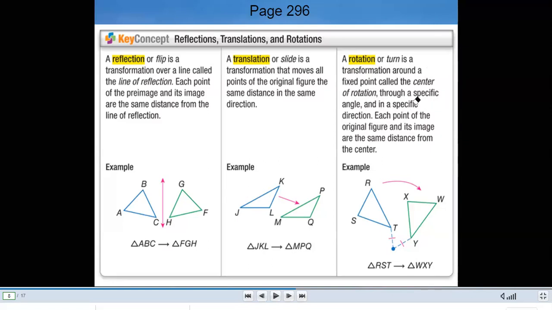A specific angle like the angles we studied before: 90 degrees, 180, 270, negative 270, and 360. And a specific direction, which is clockwise or counterclockwise. Clockwise means negative, and counterclockwise means positive.